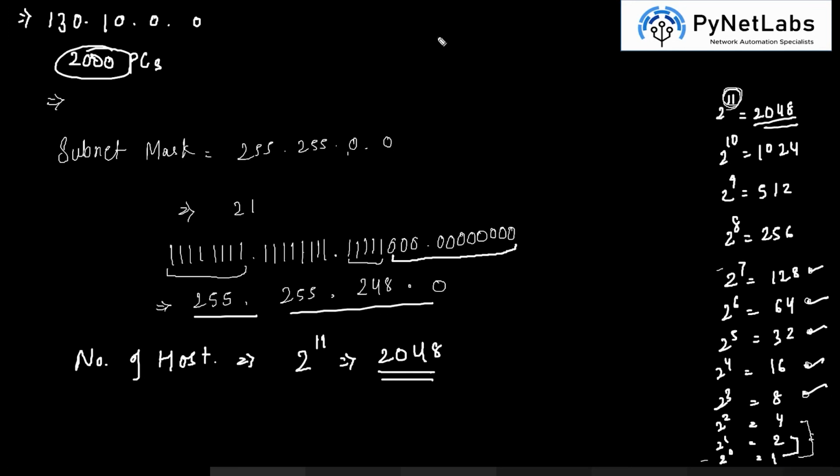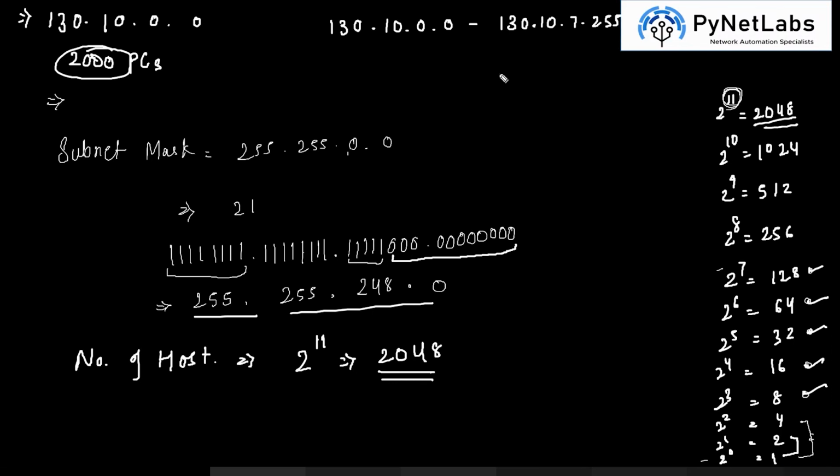Okay. So the first range will be 130.10.0.0 to 130.10.7.255. This will be the first range.